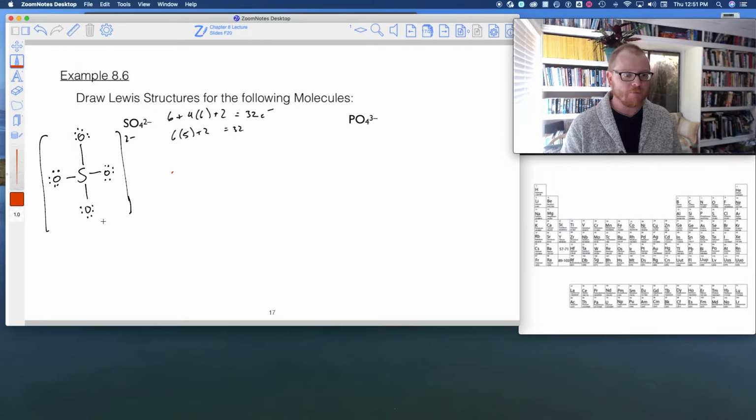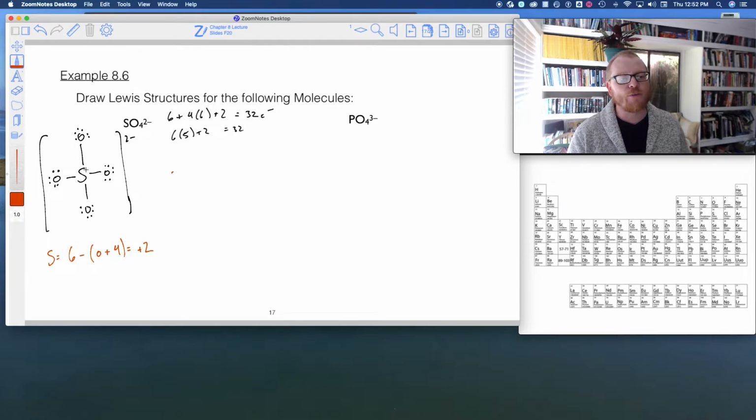Okay, so let's first do the sulfur. The sulfur's valence electrons are 6, and it's minus dots plus sticks. This sulfur doesn't have any dots, so that's 0, plus sticks: 1, 2, 3, 4. So that equals a positive 2.